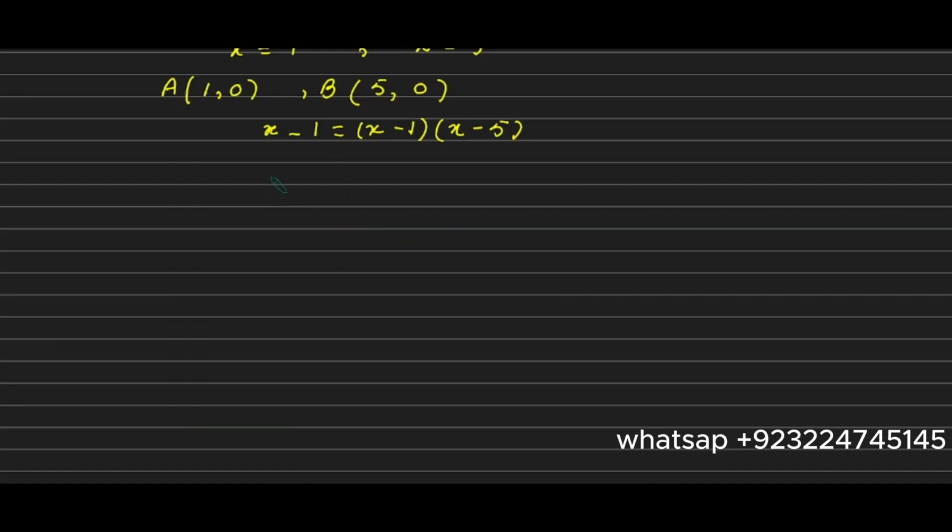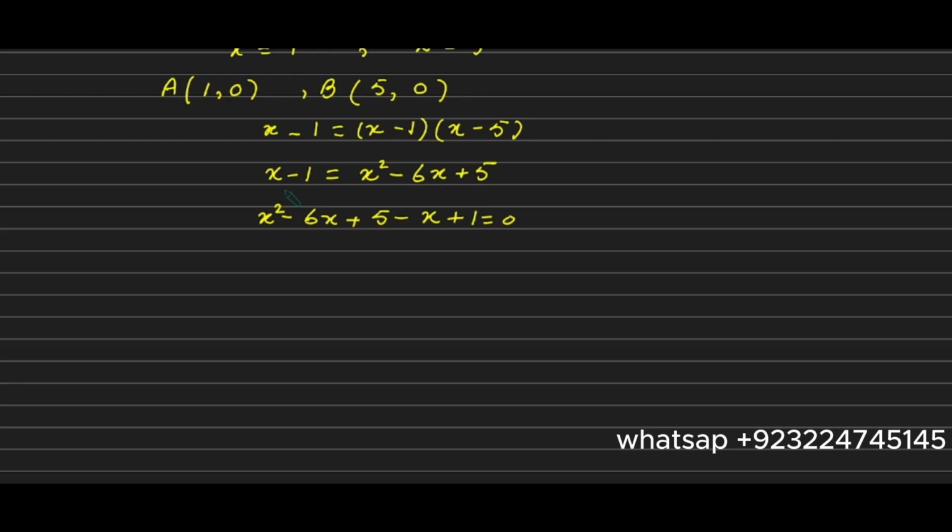Now we solve this equation. We get x minus 1 equal to, when we multiply it, x squared minus 1 into minus 5, it will be minus 6x, and minus into minus we get plus 5. We simplify it. We get minus x plus 1 equal to 0.